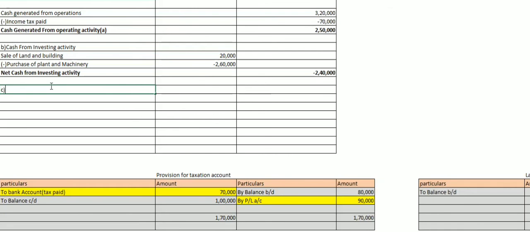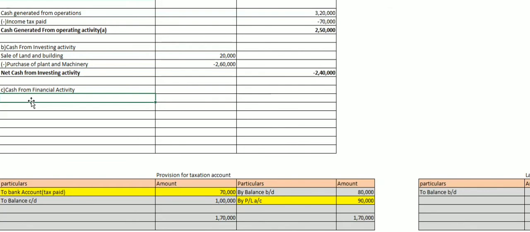So point number 3 is nothing but cash from financing activities. Under that, if there is any issue of share capital or preference shares, if any of such things have increased, then it is an issue, you will add it.